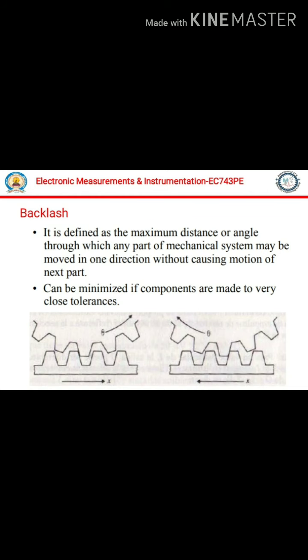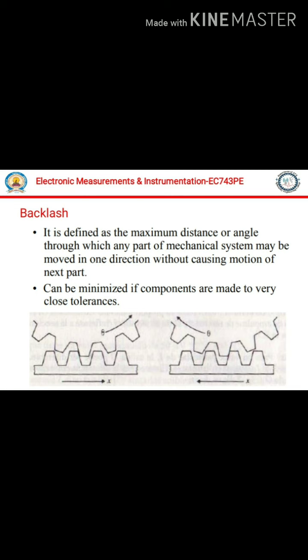The next static performance characteristic is backlash. Backlash is basically a certain kind of rigidness offered by the mechanical structure of the instrument. Because of its mechanical rigidness, it opposes accepting certain changes, especially in a direction or an angle.